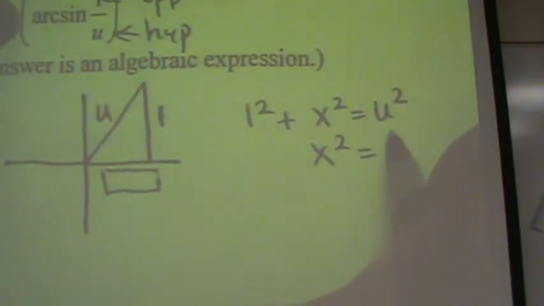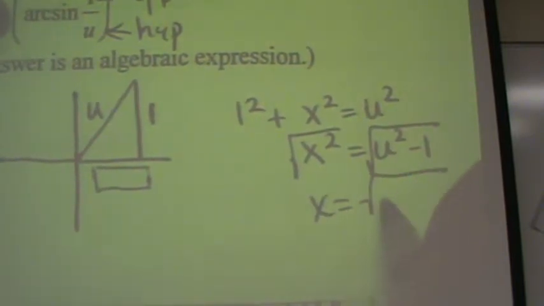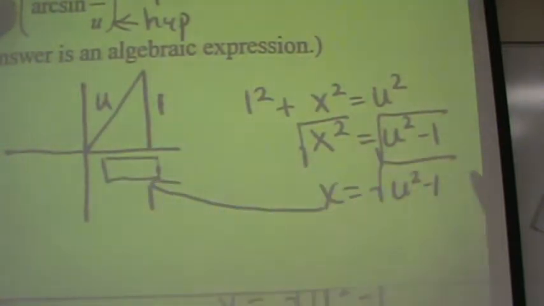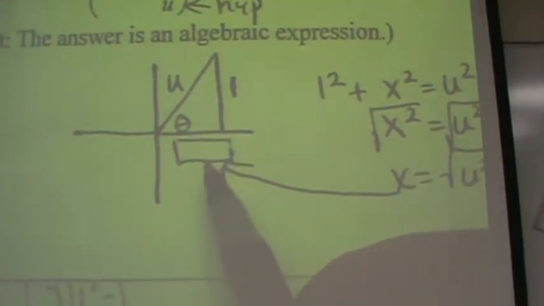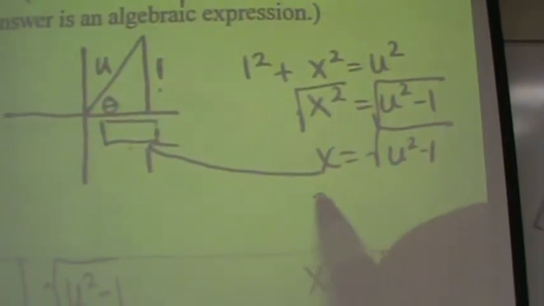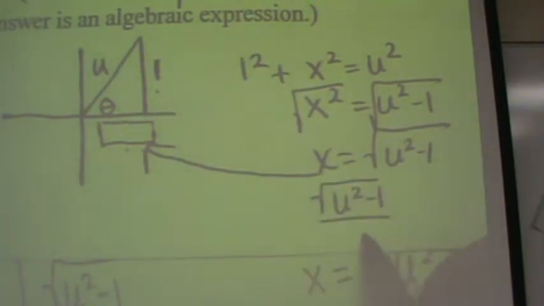And x squared is going to be u squared minus 1. Square root both sides. So that's what this is right here. Now I want to know what's the cotangent of this angle. What's the definition of cotangent? Adjacent over opposite. So it's square root of u squared minus 1 over 1.